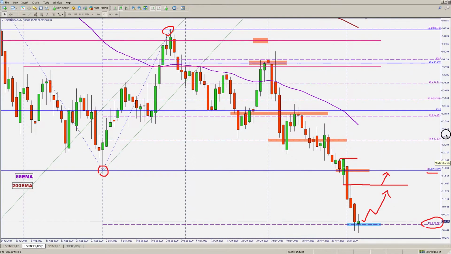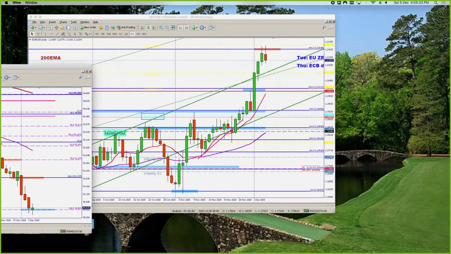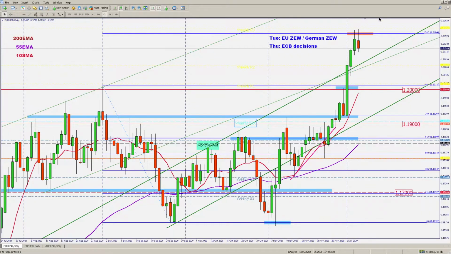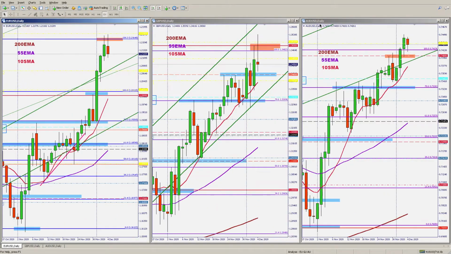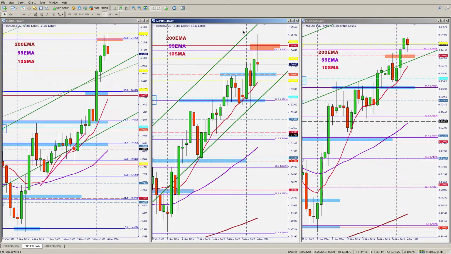It may not continue to fall yet next week. All right, so that was the US dollar index here, and let's move on to the cable. Oh yes, by the way, back to the euro.